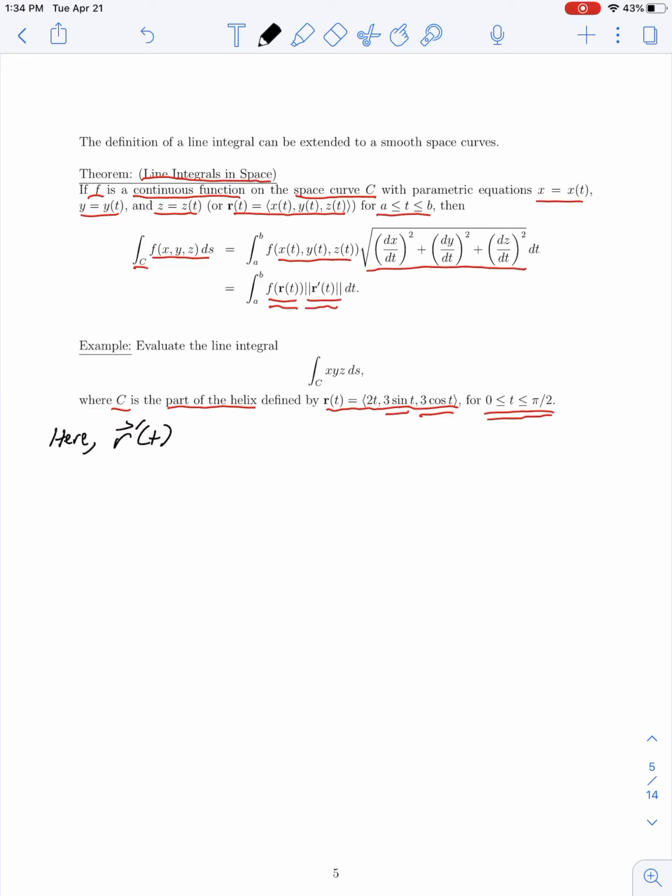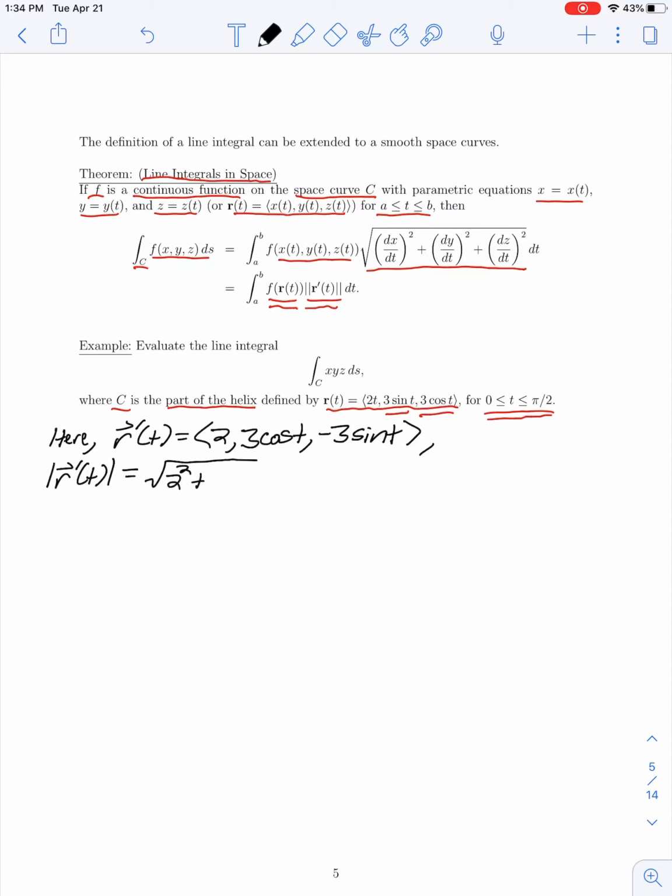If we differentiate this vector function, our first component is 2. The second component is going to be 3 cosine of t. And our third component will be negative 3 sine of t. So when we take the magnitude of this, our magnitude for r prime is the square root of the sum of the squares of these components.